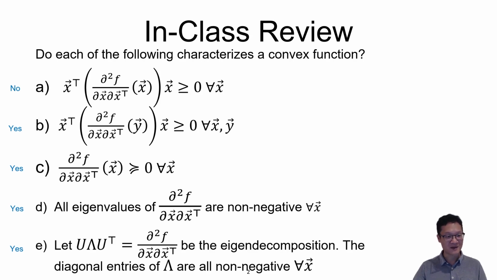So even if you have this quadratic form being non-negative for all x, if you plug in something else in the argument of the Hessian, you may actually get a negative value, right? So the for all x and y is pretty important.